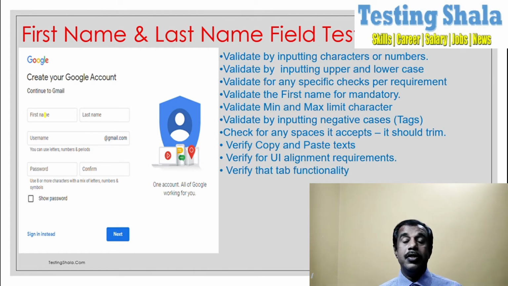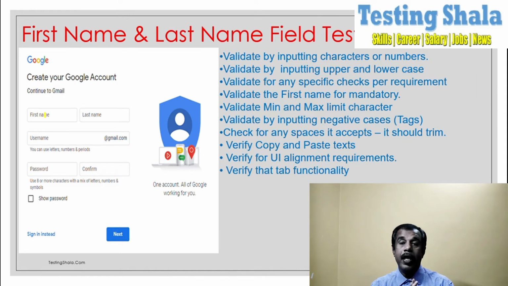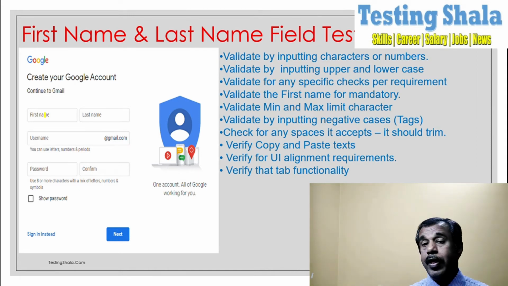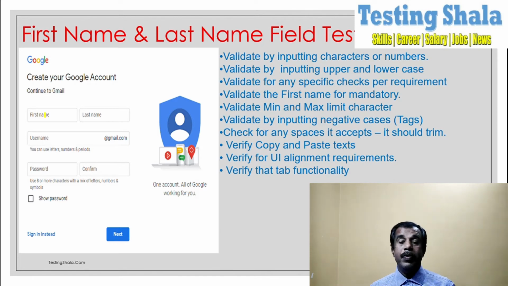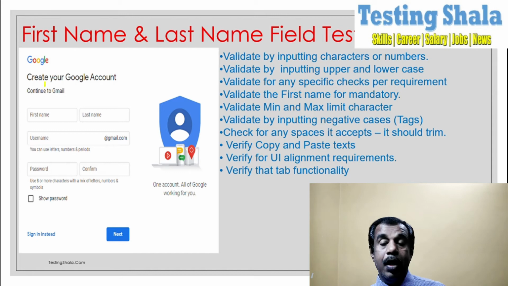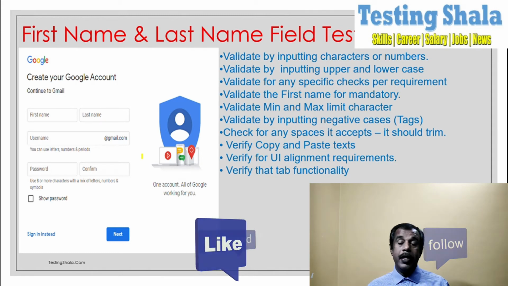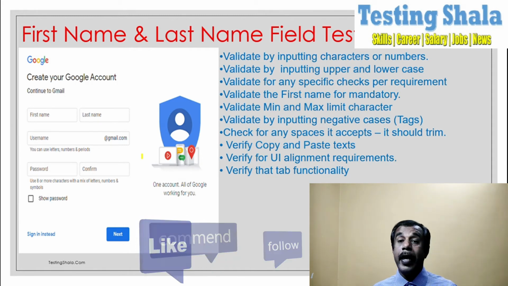Then the next one is, let's say after I entered the first name, I want to move on to the last name, where I want to enter the last name. Some people will take a mouse and place the cursor on the last name. But some people will not have a mouse. That is the time where we will use Tab.